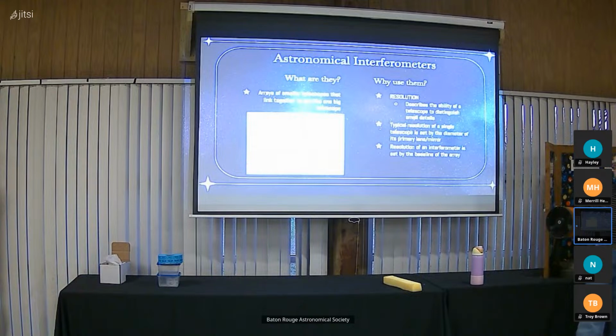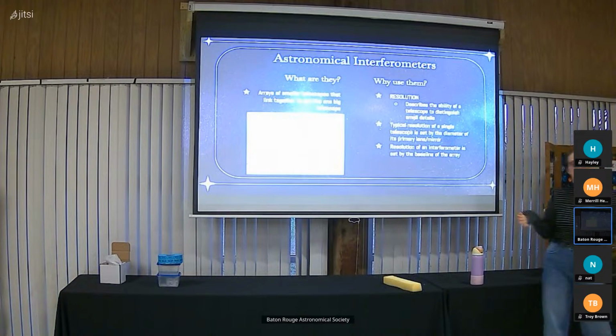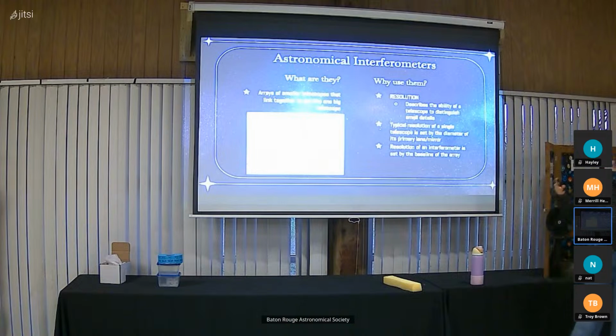It's physically impossible to have a telescope that big. And so what they came up with is that instead of having one really, really big telescope, let's do a couple smaller telescopes, place them the distance apart of the size of the telescope that we want, and boom, you get the same resolution.